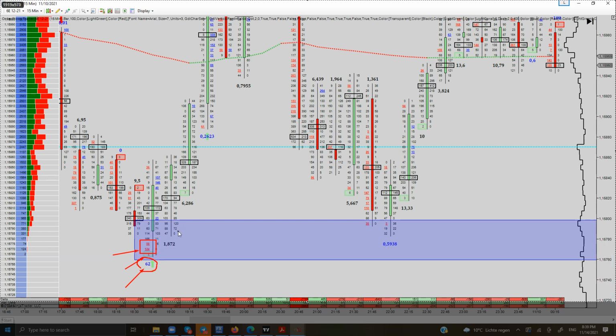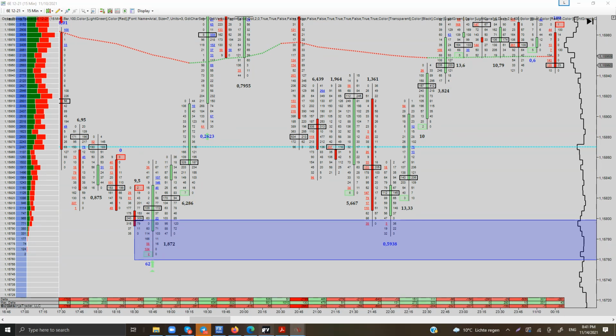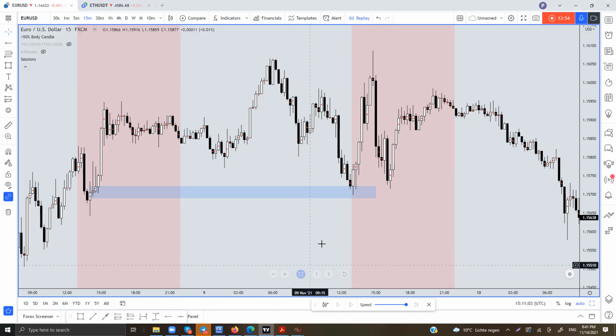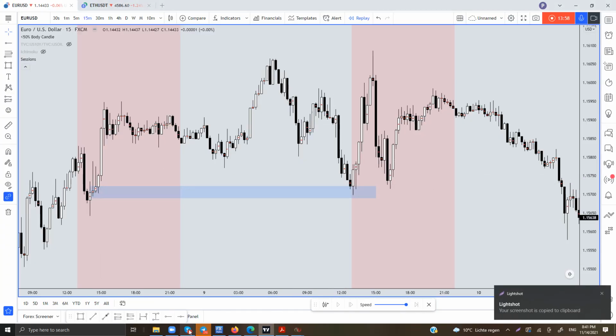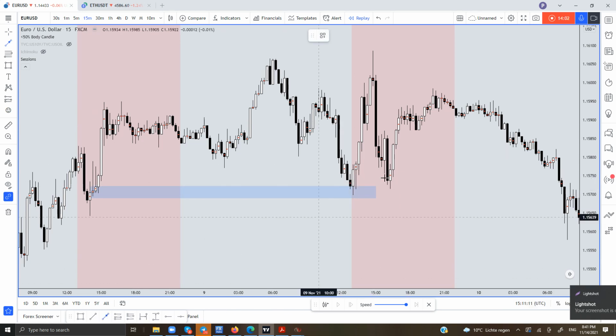So that makes the trade nice, a superb trade. And when is this happening? At New York opening. That's the trade. See here, and you saw the price moved, really nice movement we saw here.